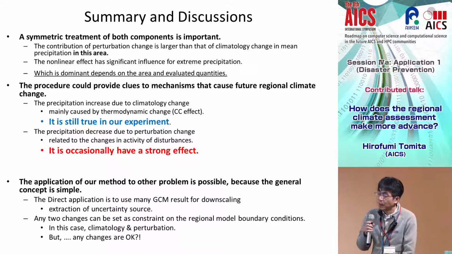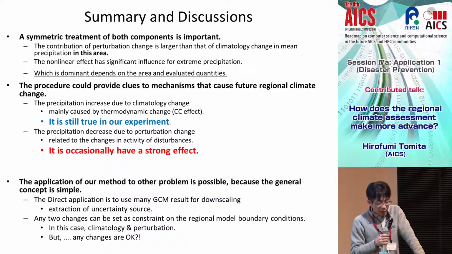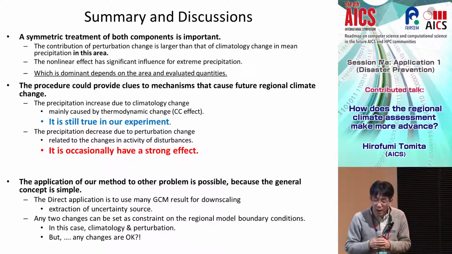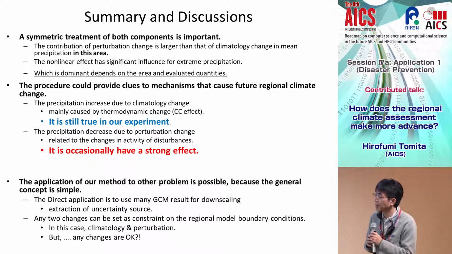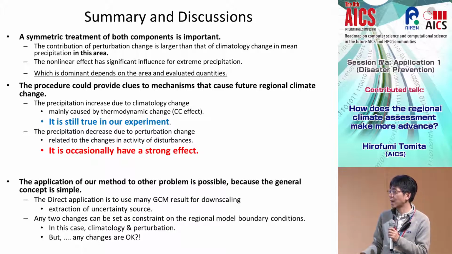So in the future, this method can be applied to other problems. I think so, because this concept is very general and very simple. One application is the direct application to using many GCM results for downscaling. If so, we can extract the dominant source of uncertainty.